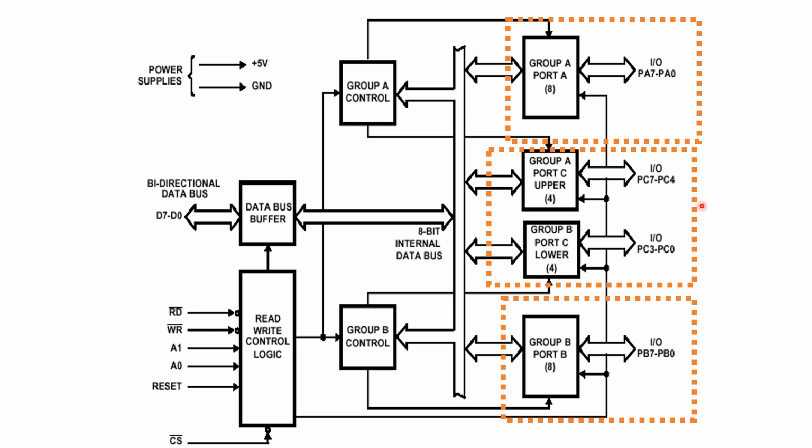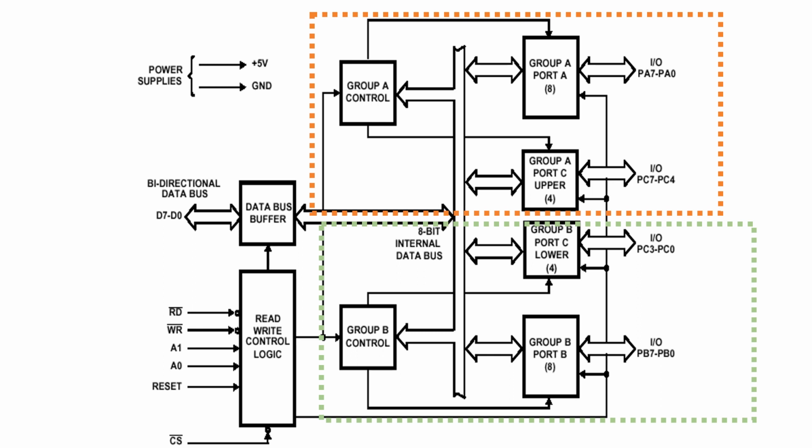All these ports have output latches and input buffers. Now there is a peculiarity for port C. It is divided into a lower unit and upper unit. Port C lower consists of PC0 to PC3 lines and port C upper consists of PC4 to PC7 lines. So these are the ports of 8255A.